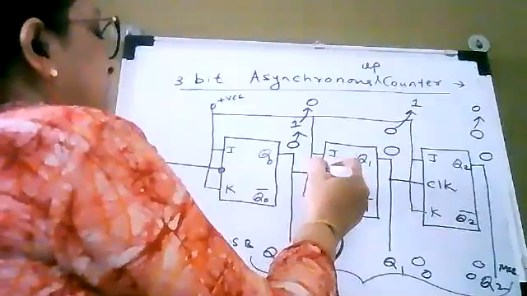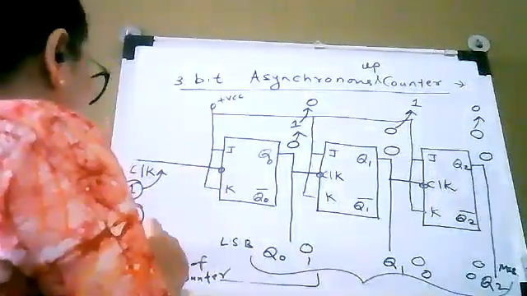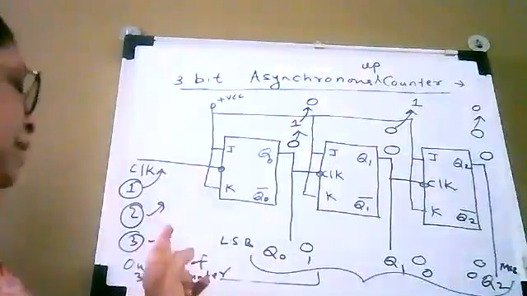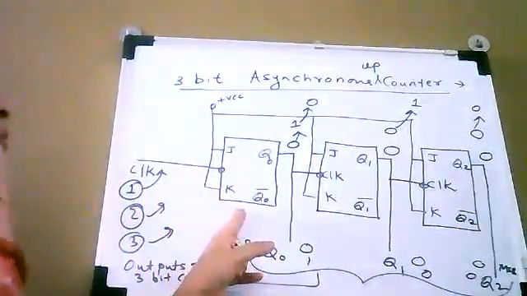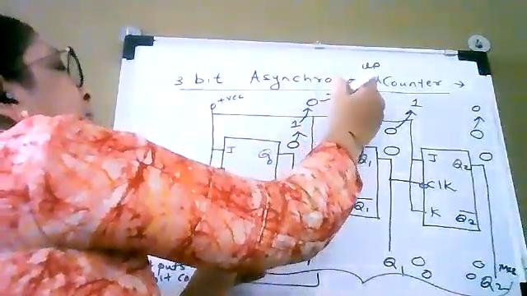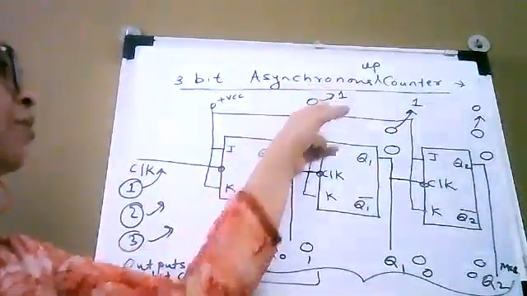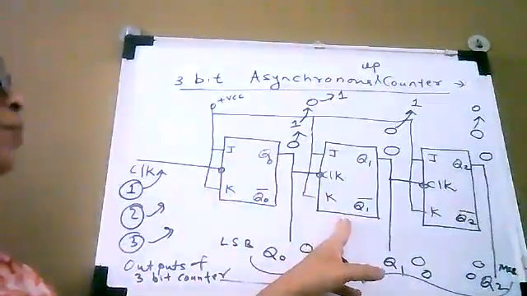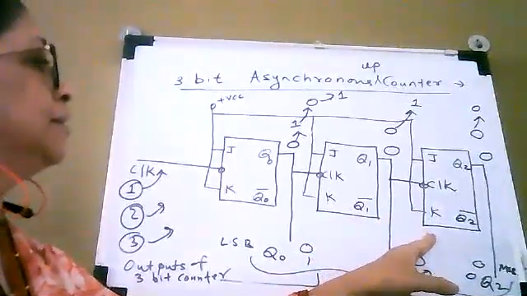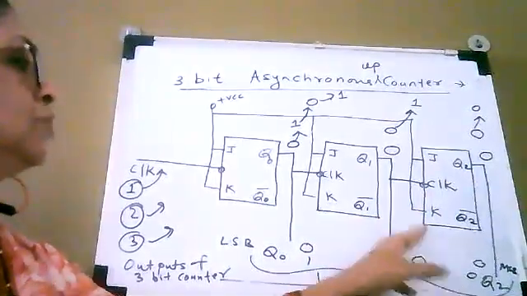Now, what happens here again is you have to apply the third clock pulse. When you apply the third clock pulse, the first flip-flop will be toggled from 0 to 1, and as it is making a transition from 0 to 1, flip-flop 2 will not be changing its state, whereas flip-flop 3, as there is no change in the output of flip-flop number 2, is also not changing the state.